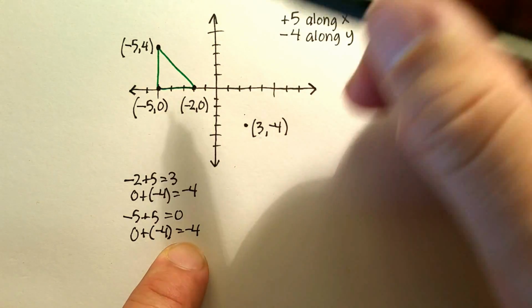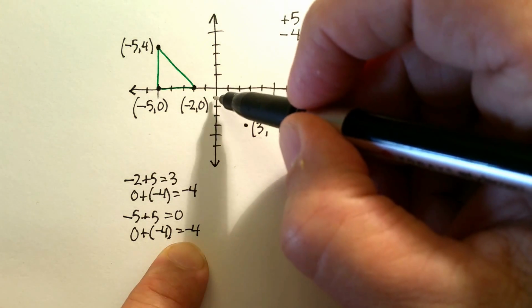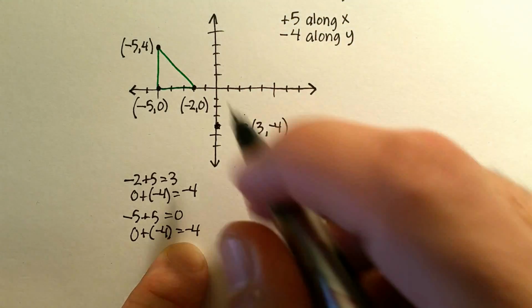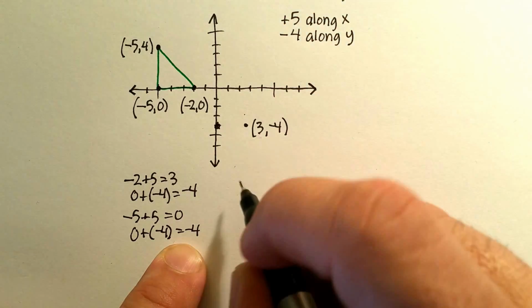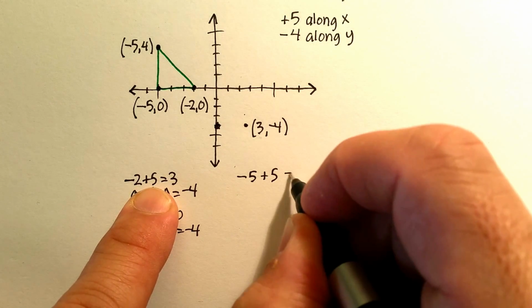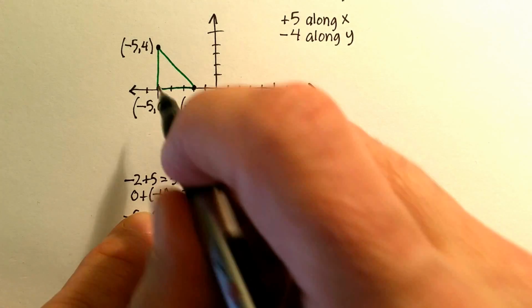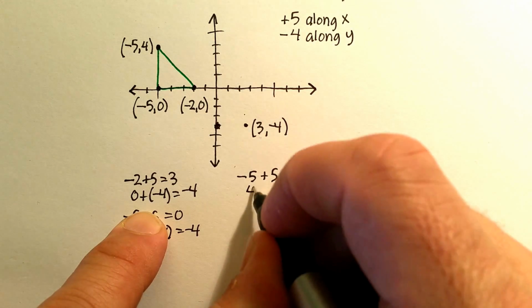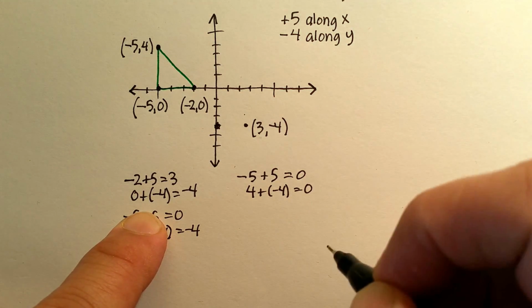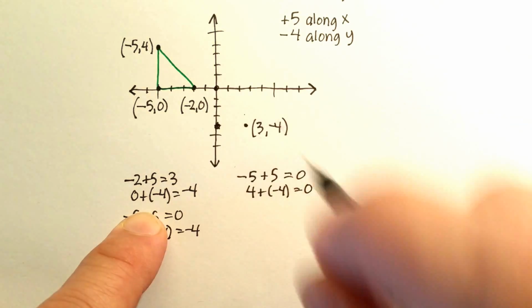So 0, 1, 2, 3, 4. New point. Do the same thing with this one. I'm going to go -5 plus 5 gives me 0. And then 4 plus a -4 gives me 0, which means that it would be there.